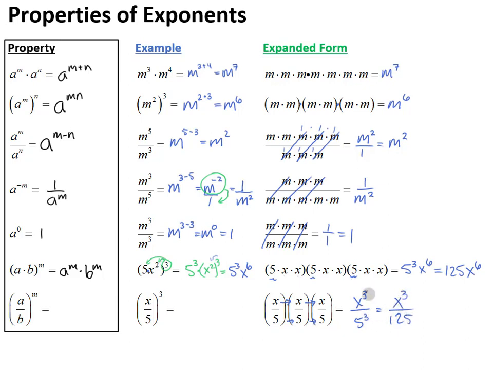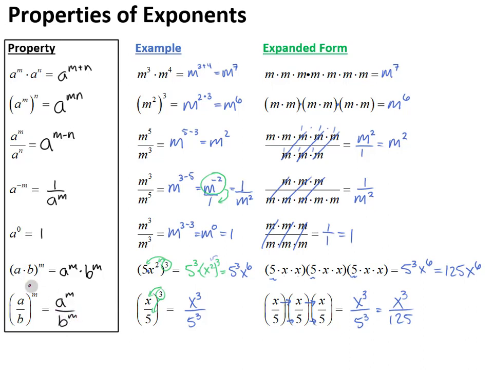But again, hopefully we can see here that this allows me to distribute this 3 to both the top and bottom. So we end up with x cubed over 5 cubed. Okay, so makes sense. Again, if we can distribute over multiplication, we will be able to distribute over division as well.